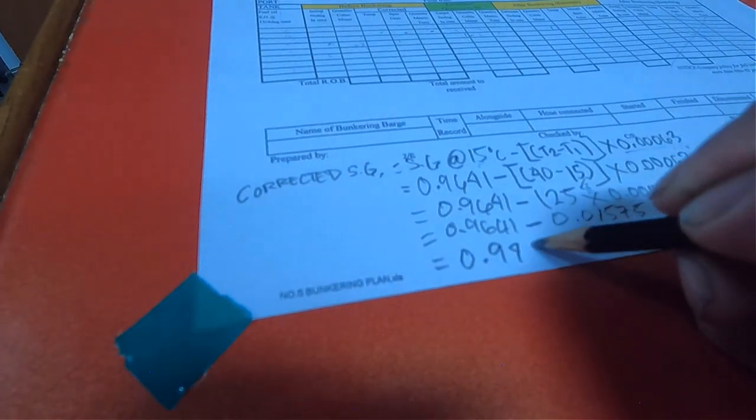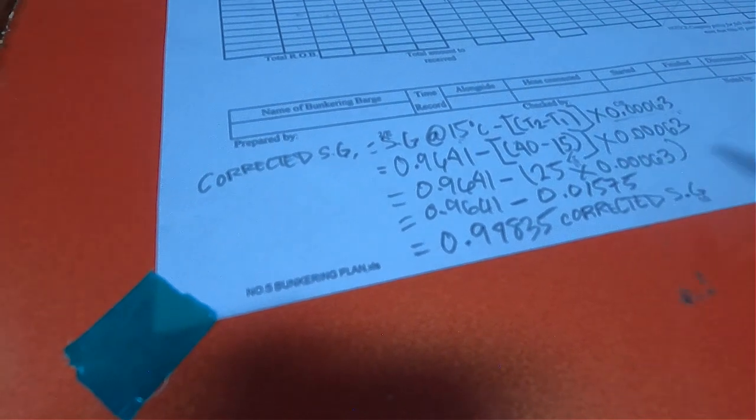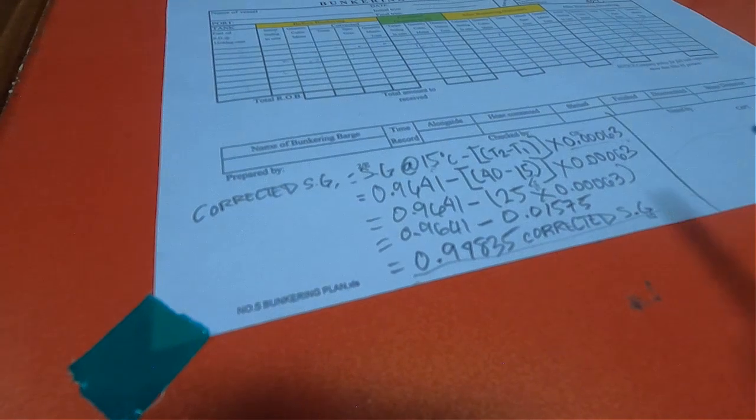Then the answer of this one is 0.94835. So now this is our corrected SG. So now we have a corrected SG.